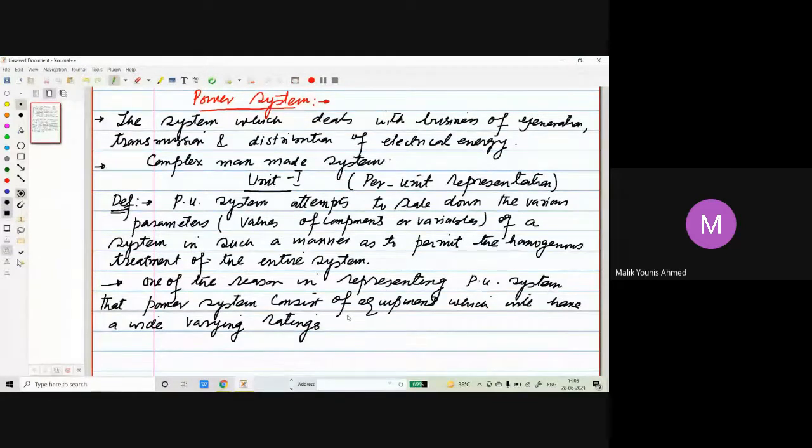If we use all these different voltage levels in analyzing the power system or in calculating some values, there are always chances of making mistakes because the numerical values are very high in terms of megawatts and megavolt-amperes. So chances of making mistakes will be higher.